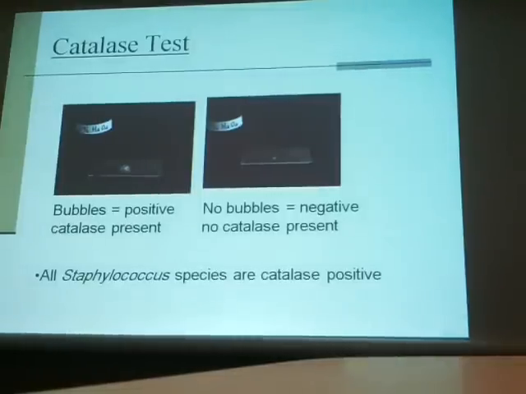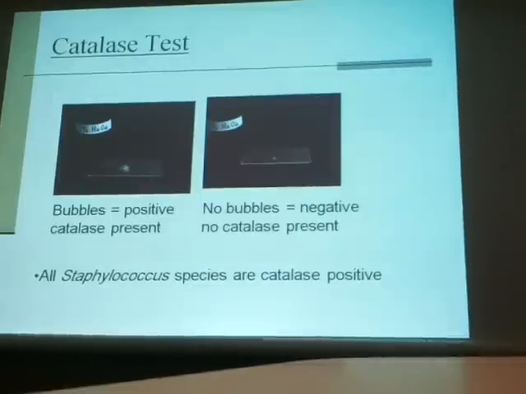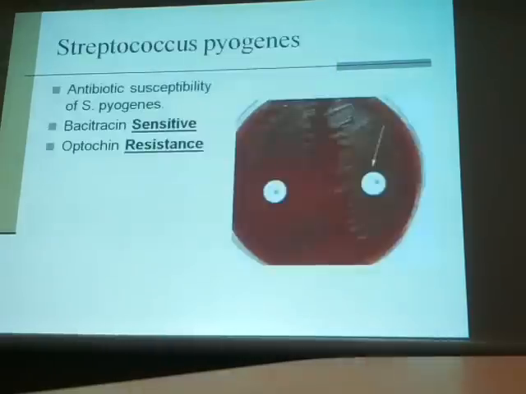Now we must differentiate between Streptococcus pyogenes, Streptococcus agalactiae or Streptococcus group C by an antibiotic disc, which is the bacitracin disc. For antibiotic susceptibility, Streptococcus pyogenes or group A is sensitive to the bacitracin disc and gives an inhibition zone around the disc.